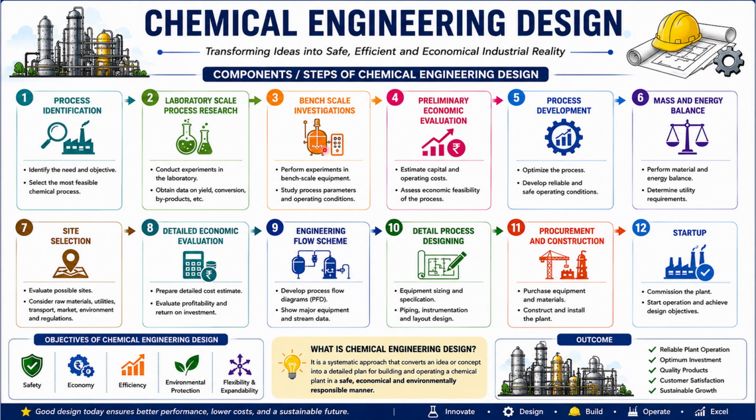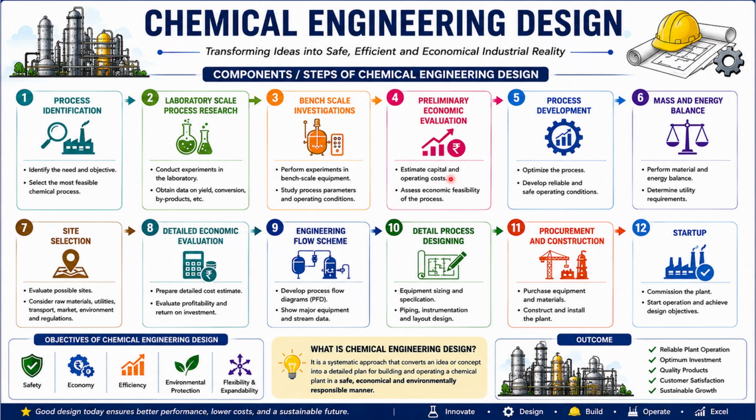The pilot plant or bench scale typically uses larger equipment and more quantity of chemicals, and they mimic or are like replicas of the commercial plants. So you perform experiments in bench scale equipment and study process parameters and operating conditions. Here you even understand if there are safety concerns or various critical points in your plant.